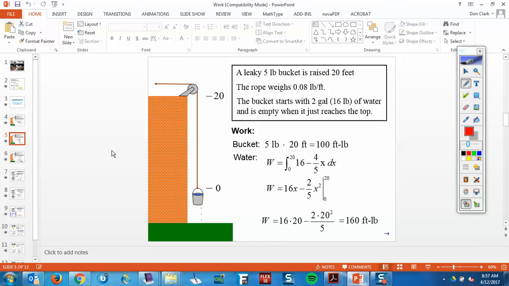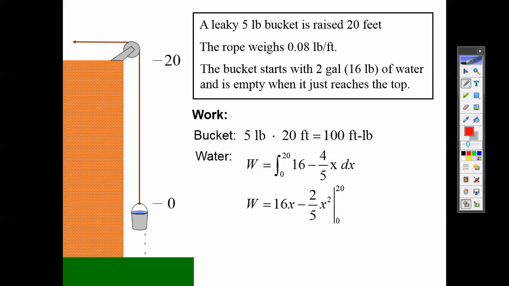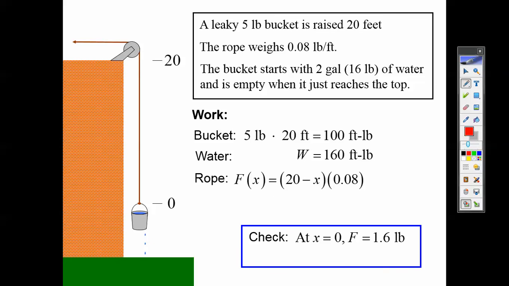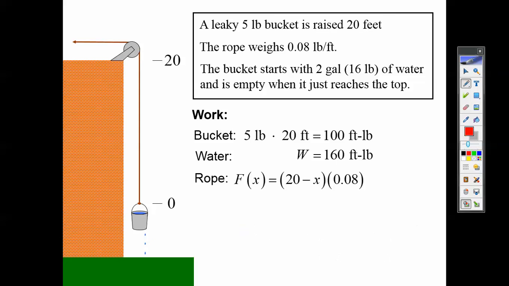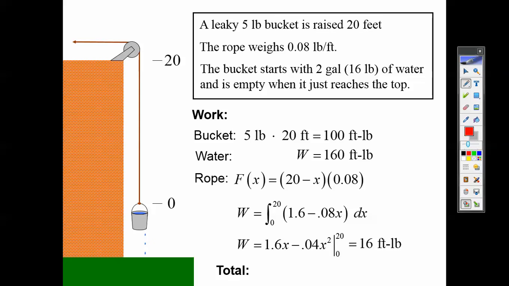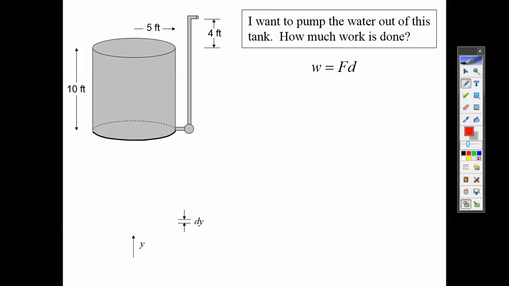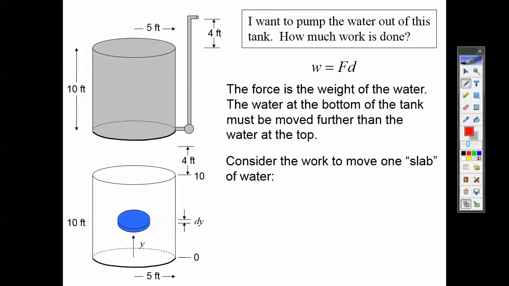I think that's the same problem as, I don't know if they use 16. What they got on this one, they had 276. Okay, so here their force is the weight of the water. The water at the bottom of the tank must be moved farther than the weight of water at the top.